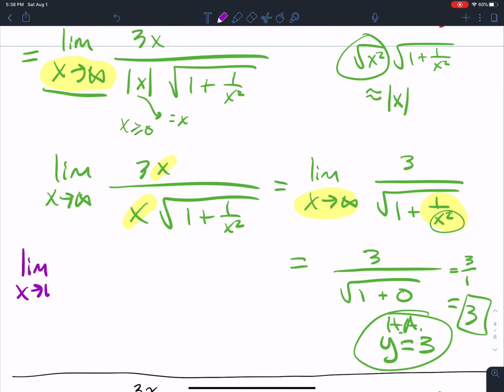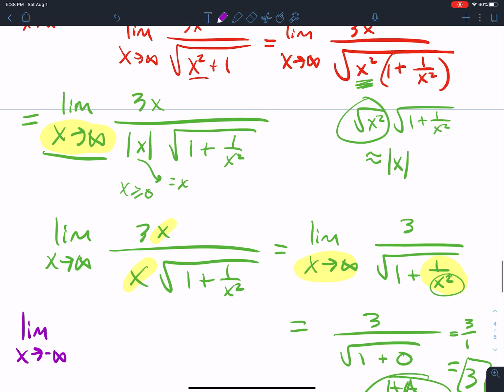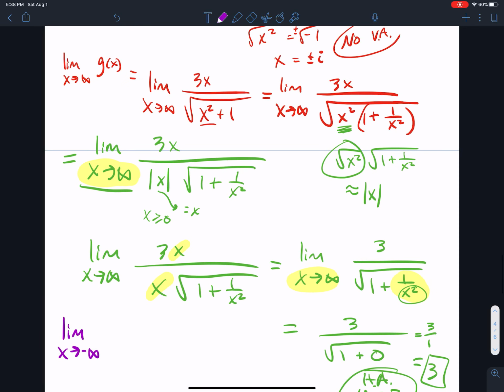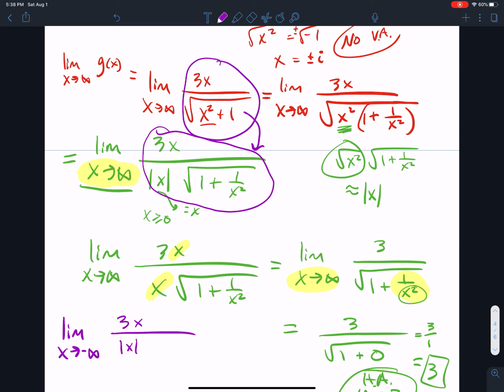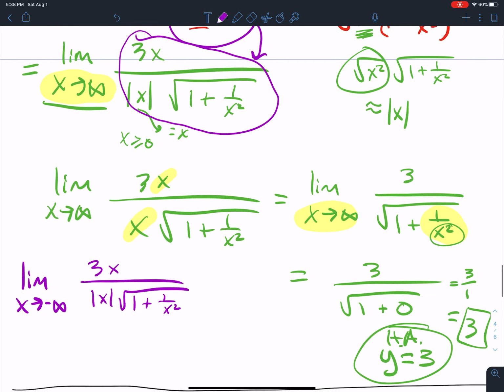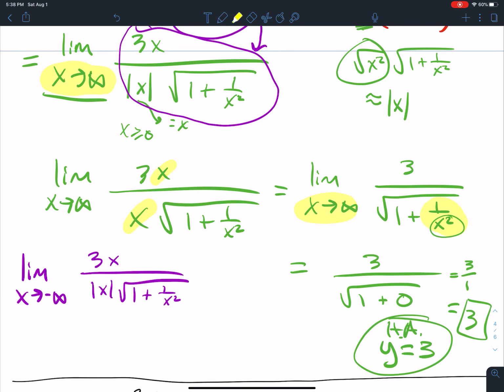Limit as x goes to negative infinity of my function. So let's think about this for a second. Okay, so we're okay, hopefully, from here to here, right? Now, if I'm going to negative infinity, this changes a little bit. How does it change? Well, let's think about it.